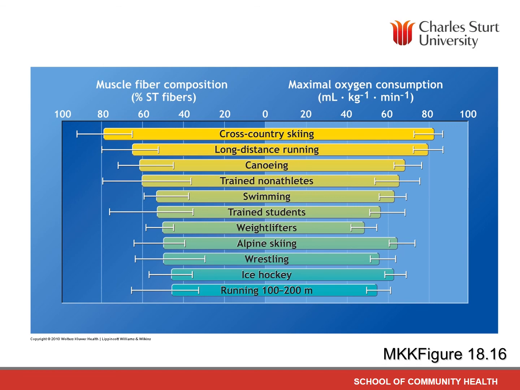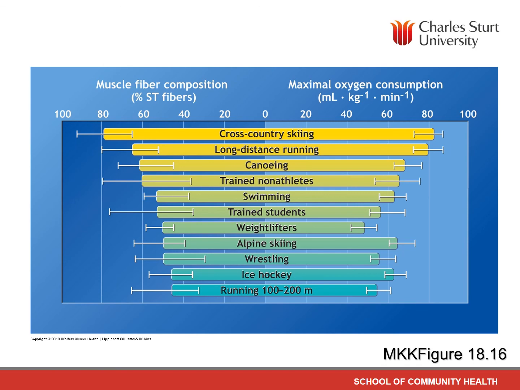So we'll see in elite cross-country skiers, they've got the highest VO2 max of any group, so it's on average in the 80s, and they've almost 80% slow twitch muscle fibers. So if you wanted to be an elite cross-country skier, you really need a high proportion of slow twitch fibers.